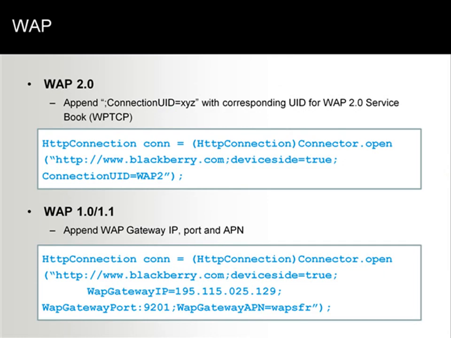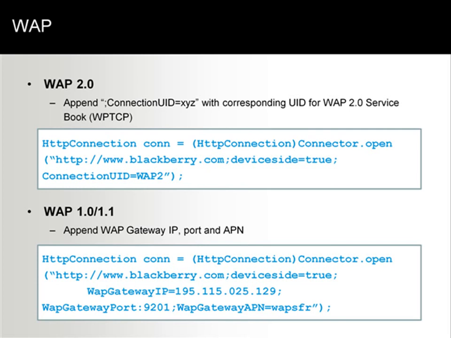To leverage WAP 2.0, we append deviceside=true, and then ConnectionUID=XYZ, where XYZ is a CID of the corresponding service book on BlackBerry. You can find the appropriate service book by using the ServiceBook class and searching for WPTCP as a CID.